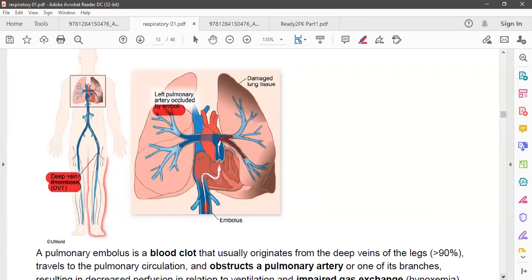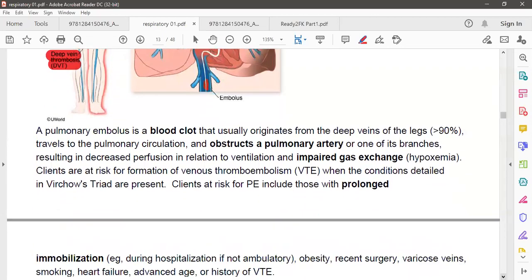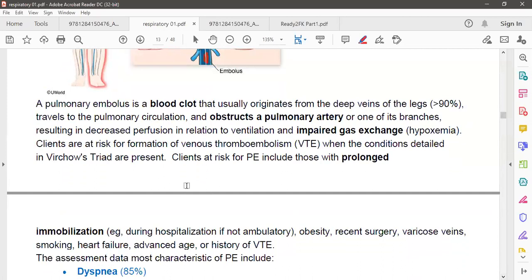So let me read it. A pulmonary embolus is a blood clot that usually originates from the deep veins of the leg, travels to the pulmonary circulation, and obstructs the pulmonary artery or one of its branches.